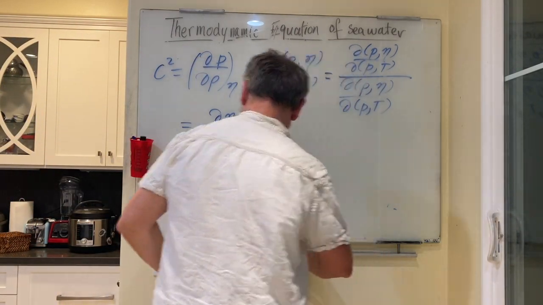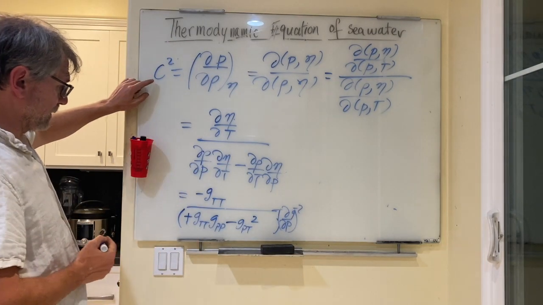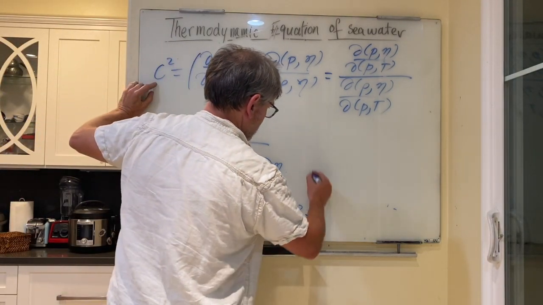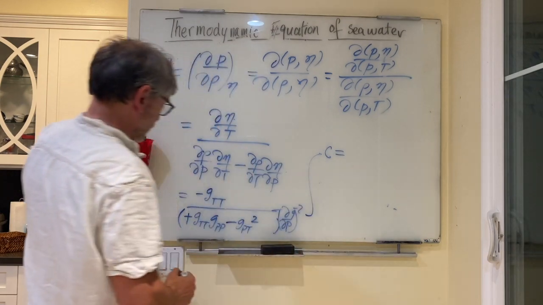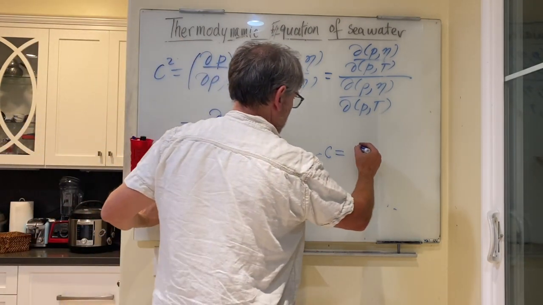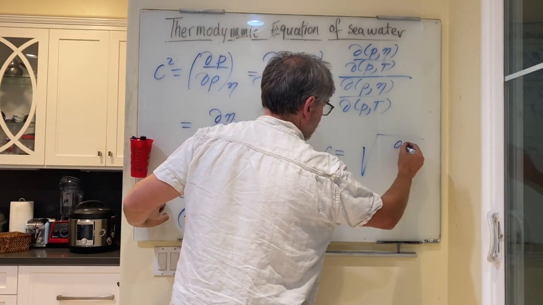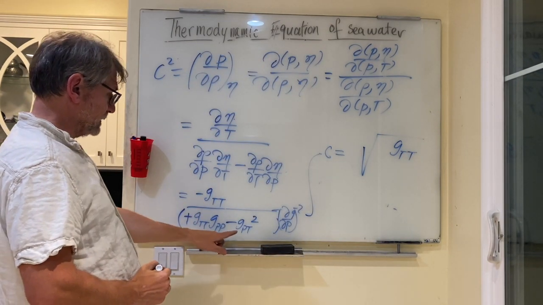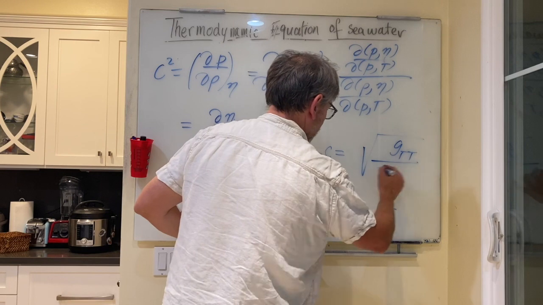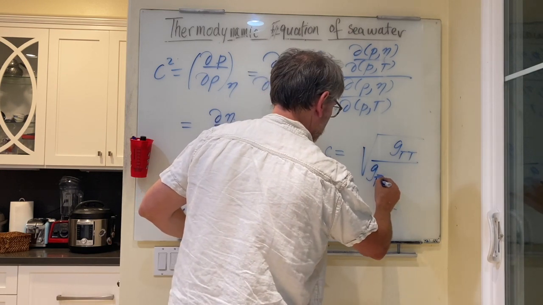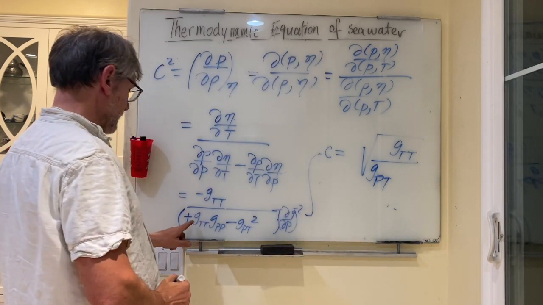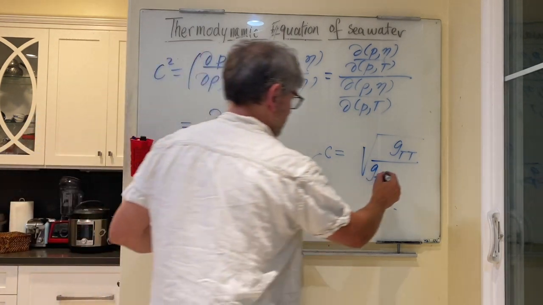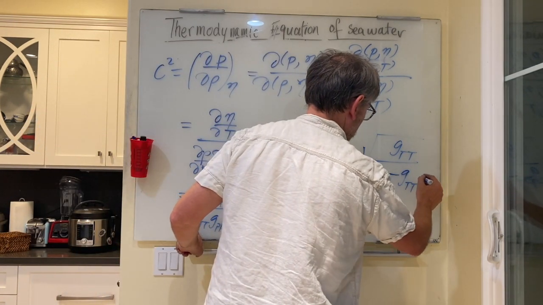And then remember that's c squared, right? So therefore, c is going to be the square root of g tt, the second derivative of g, and in the denominator, I'll get the mixed derivative, pt of the Gibbs function, squared, minus g tt g pp.